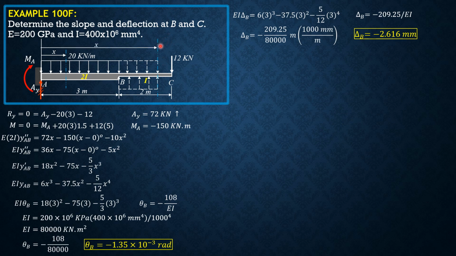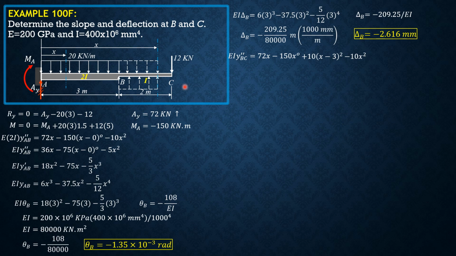And this will be our sectioning, that's X. So EI y double prime BC is equal to 72 times X plus 150 X to the 0, then plus this loading upward 20 times X minus 3, the length is X minus 3, times X minus 3 over 2, so that's 10 X minus 3 quantity squared, then minus 20 times X over 2, so minus, for this loading here, minus 10X squared.